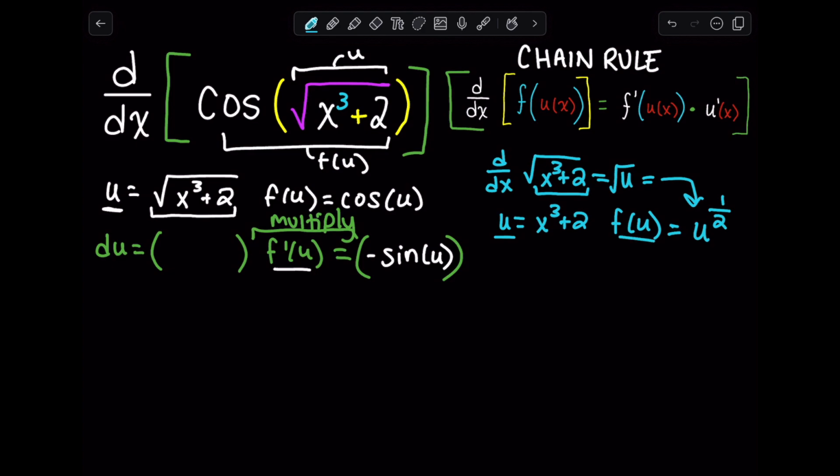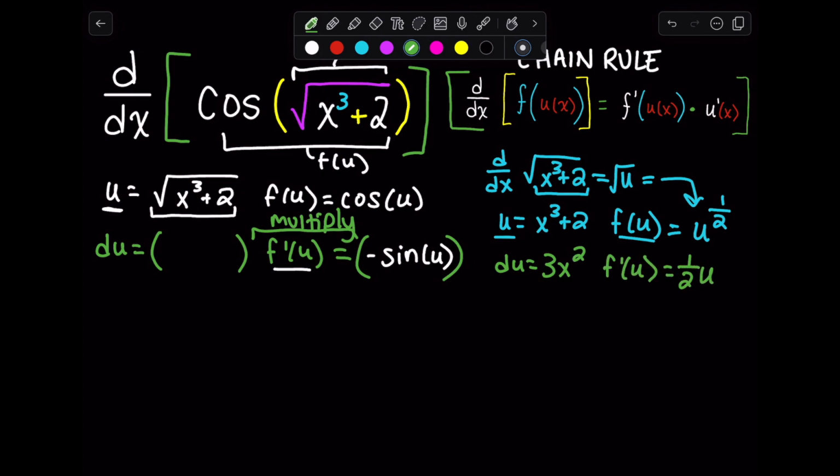So deriving these two functions, du equals 3x squared, f prime of u equals 1/2 u to the power of negative 1/2. And if you need a refresher on how I found the derivatives of these values, please take a look at the power rule video previously in the playlist.